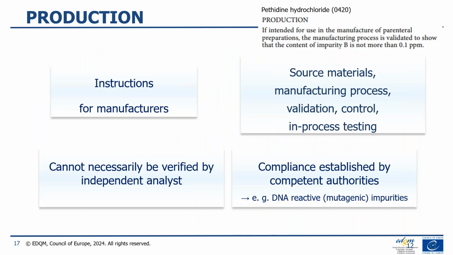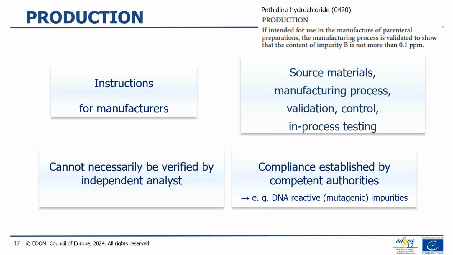The production section is not systematically included in an individual monograph, but when present, it is mandatory. It contains instructions for the manufacturers with respect to the source material, the manufacturing process, the control, validation, or in-process testing.